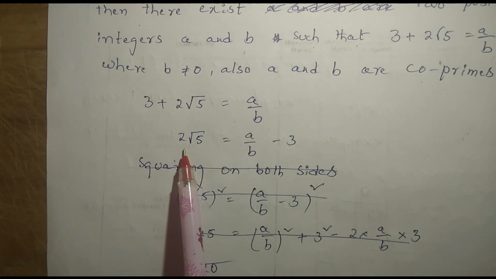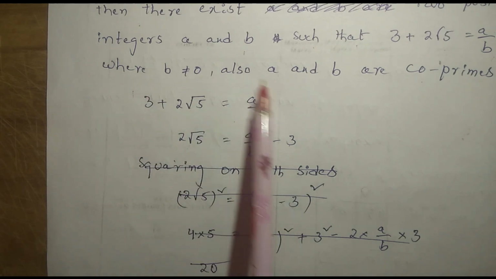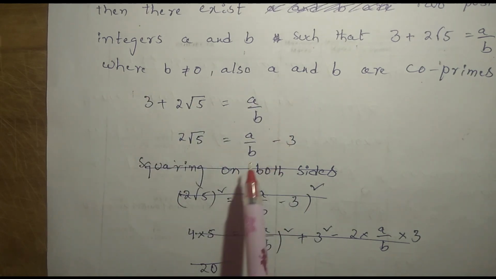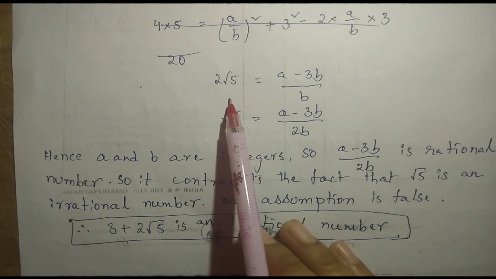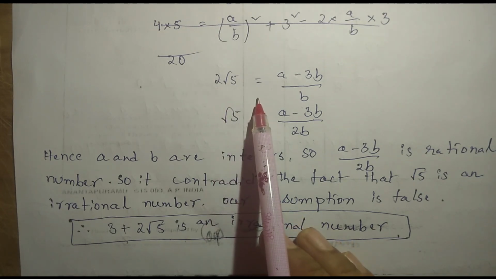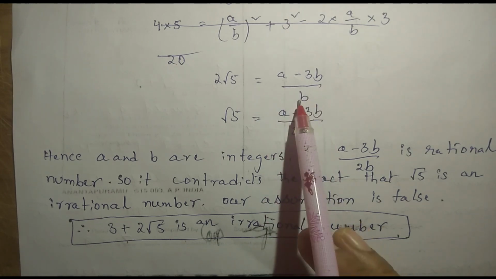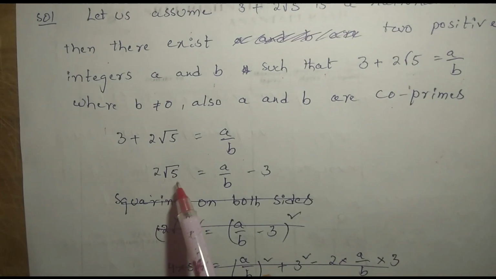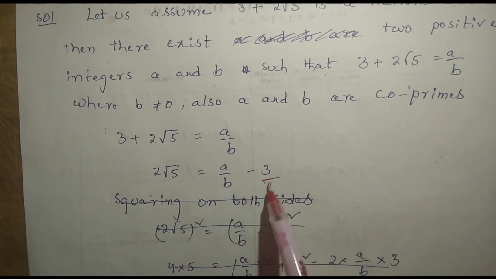Then we can write 2√5 equals a by b minus 3. The 3 can be transferred to the right side. Then 2√5 equals a minus 3b by b, taking LCM b and cross multiplying.